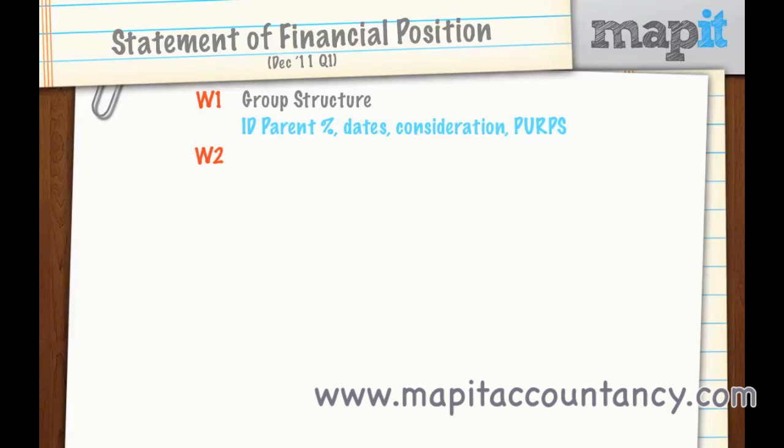The next step is to do working 2, and working 2 is our equity table. So the equity table shows the share capital and reserves at the acquisition date and at the year end. So we'll need the share capital and reserves at the acquisition date to determine what the goodwill is.